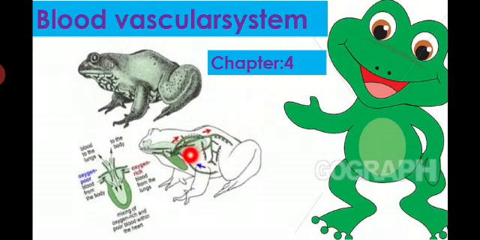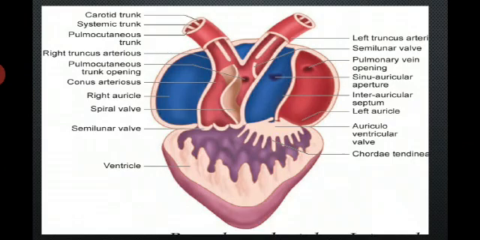It has two atria and one single ventricle, making a total of 3 chambers. Okay? It has two chambers, the right side auricle and the left side auricle, and one single ventricle chamber is present.